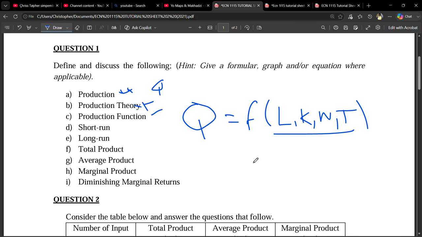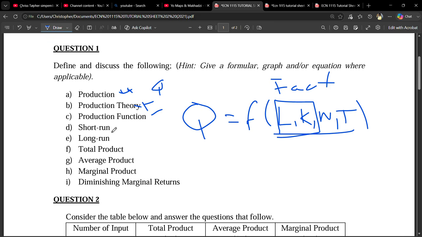That technology determines how much quantity comes out from the inputs that you have. Mainly, we use labor and capital. It's not always like that, but that is what we mainly use. I just included this because you have to know that the factors of production are actually 4, not 2.